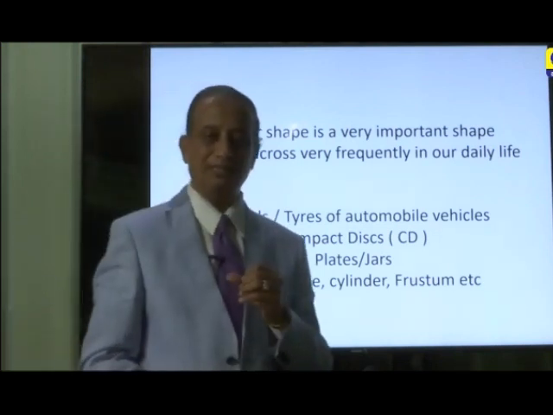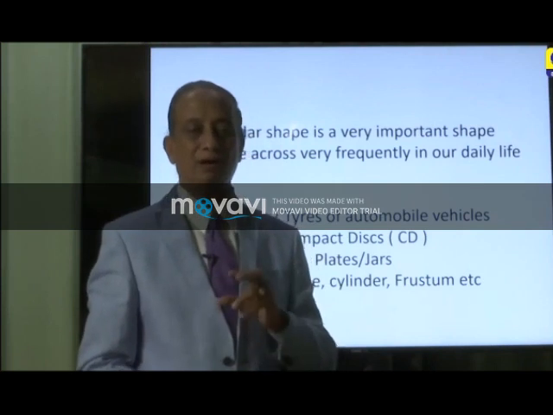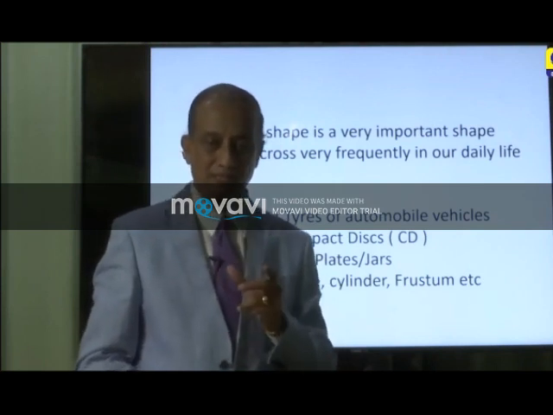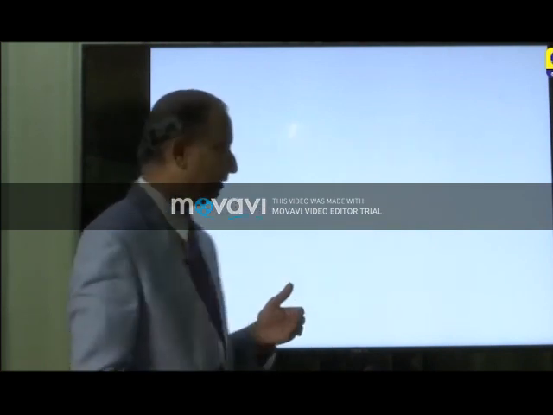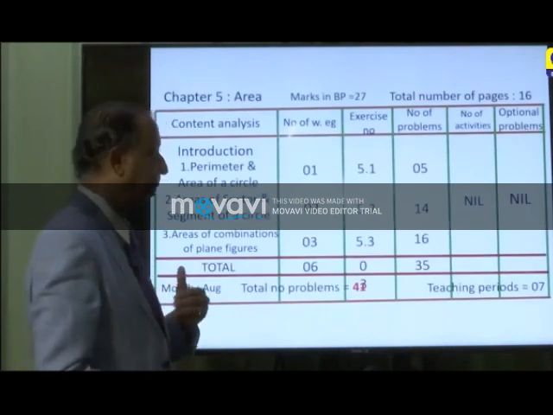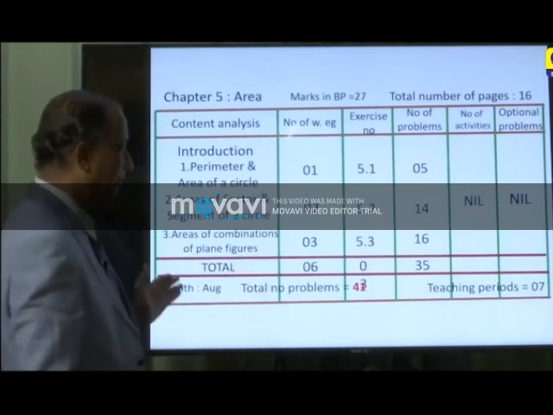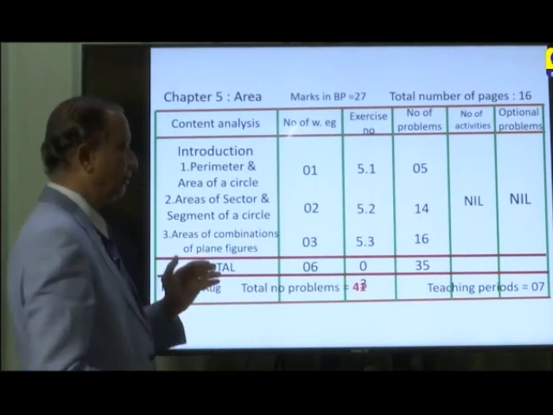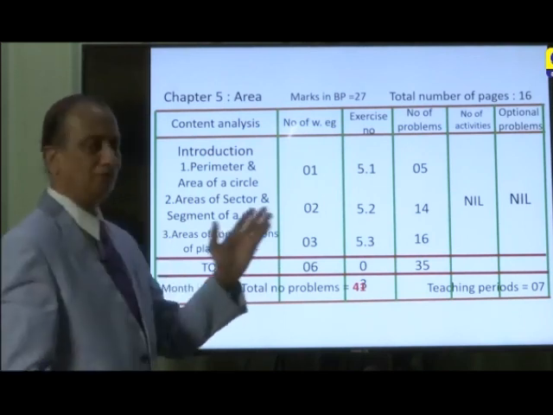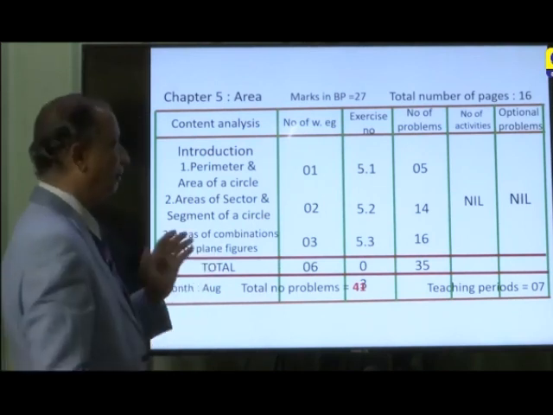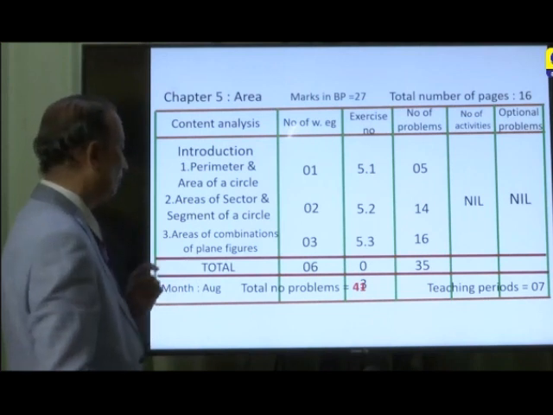So in this session it is worth discussing the circle, the circular shape, and certain important basic concepts of this. Children, in this table, a wonderful table, you have got lots of information that you can make out from these tabular columns.